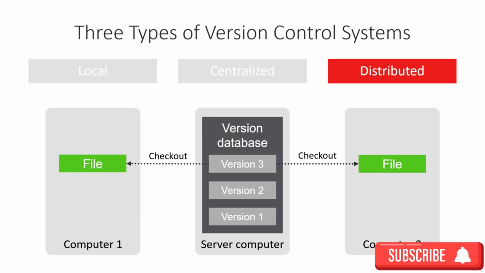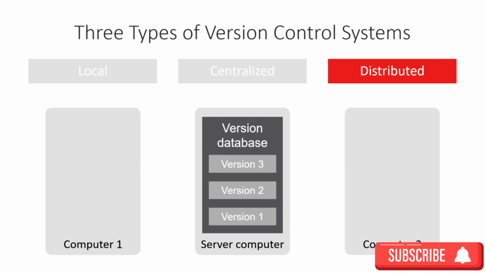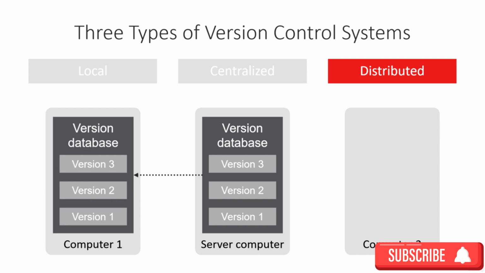Now, on the client computers, you don't check out a single version of the source code. Instead of this, you copy the whole version database to your computer. So, you can see the version database is distributed across multiple computers. This is the reason why it is called a distributed version control system.